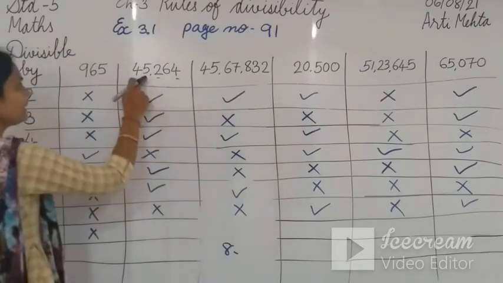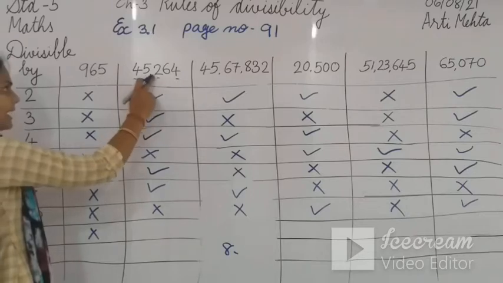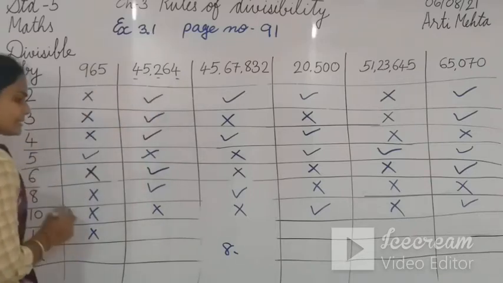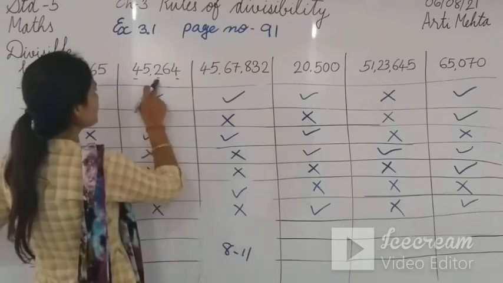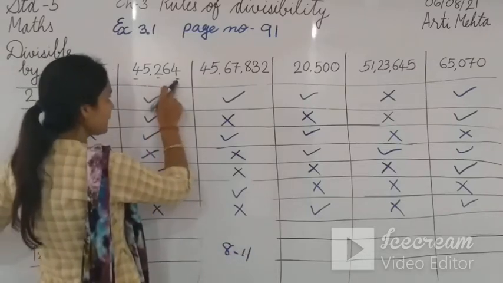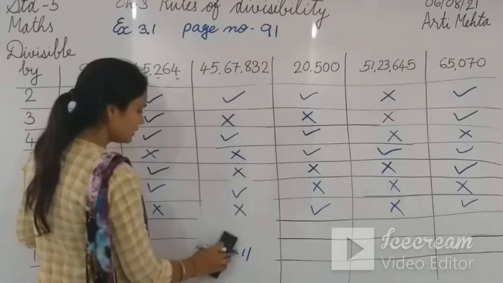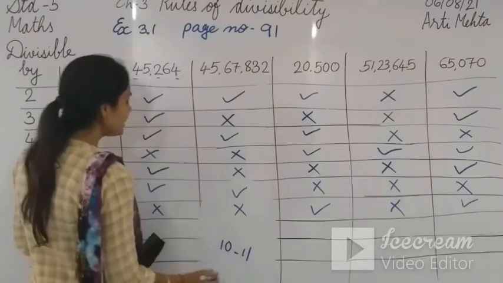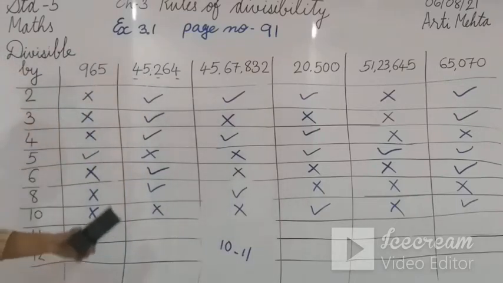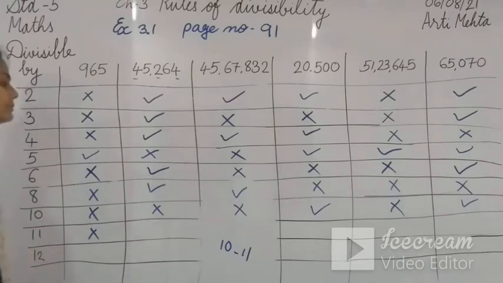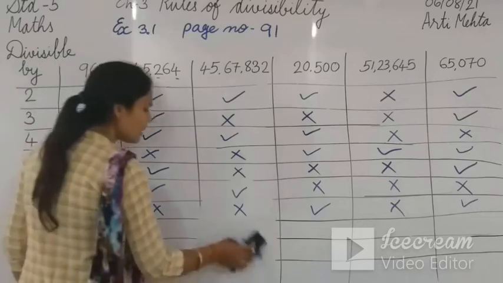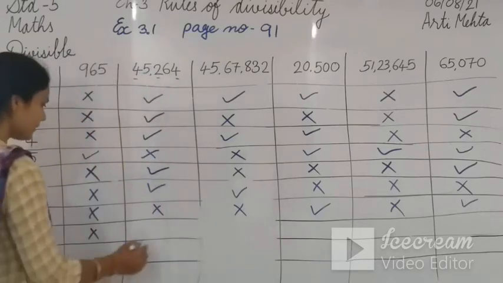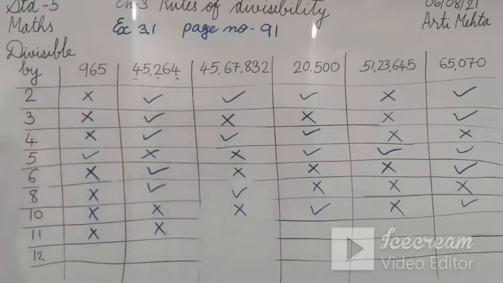Okay, now even places 5 plus 6, 11. Okay, here 4 plus 2, 6. 6 plus 4, 10. 10 minus 11. Okay, तो क्या आया आंसर? -1. This is not divisible by 11. So this number is not divisible by 11.